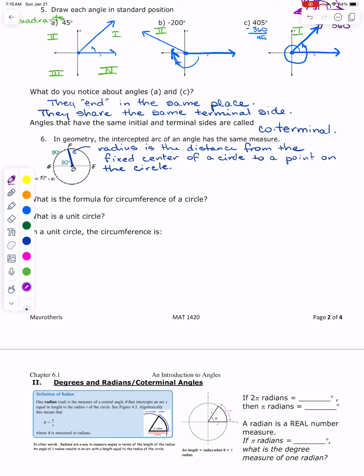We also have the diameter. The diameter is the distance from one point on the circle to another, but it has to go through the center.